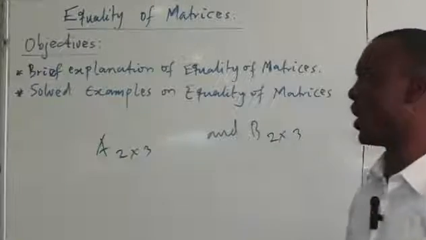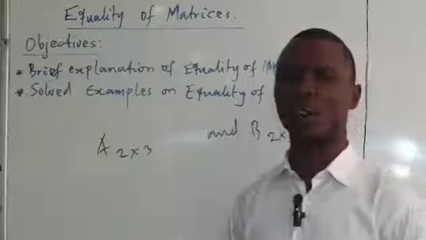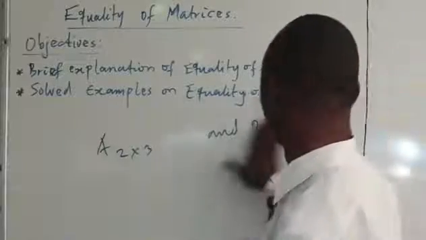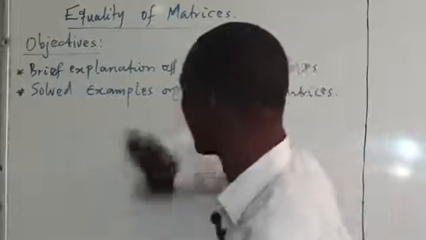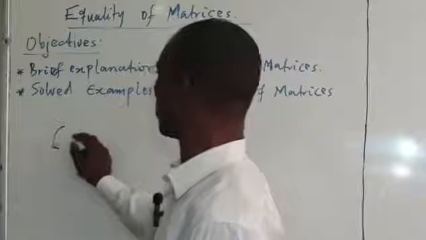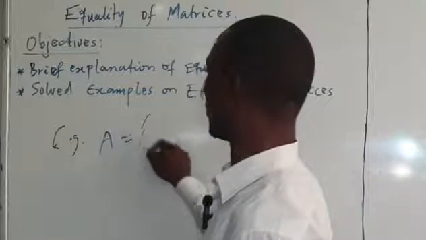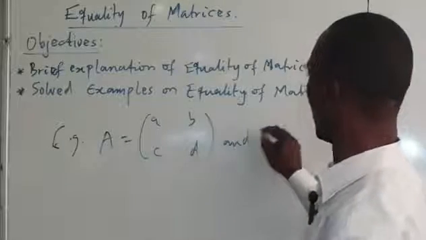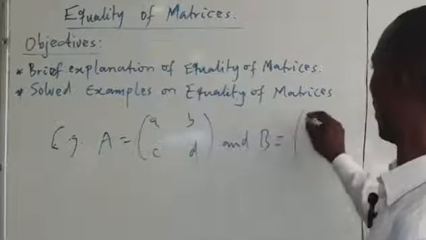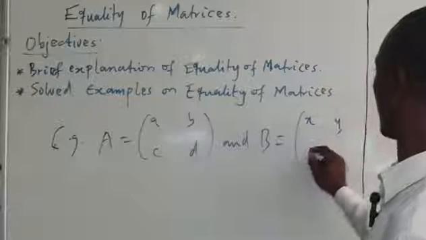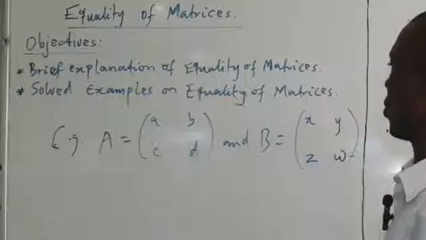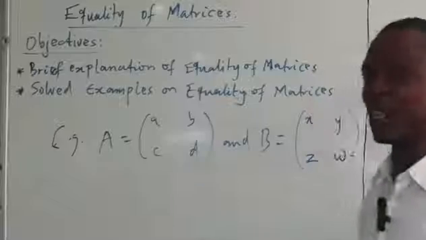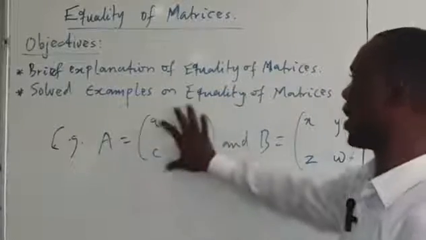So we move to examples on equality of matrices. Let's take for instance, if you have matrix A to be a, b, c, d, and matrix B to be x, y, z, w. These two matrices are equal because they are of the same order.